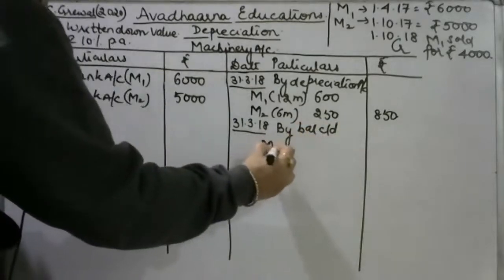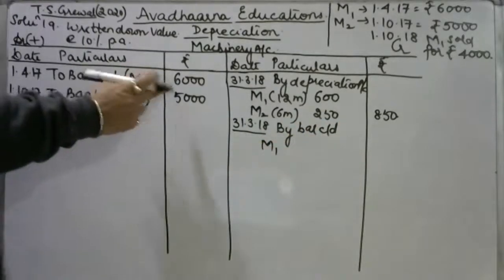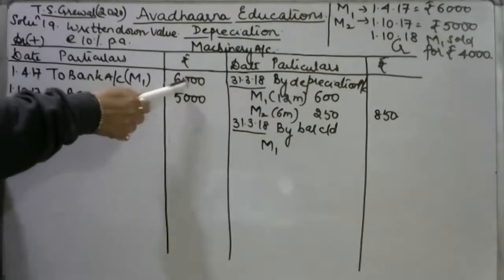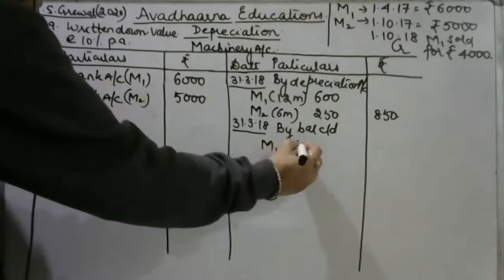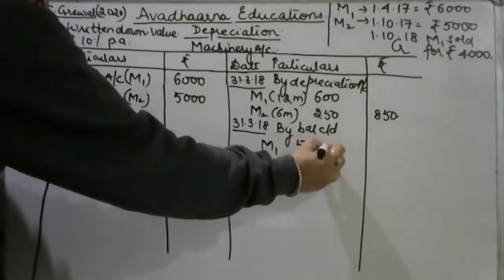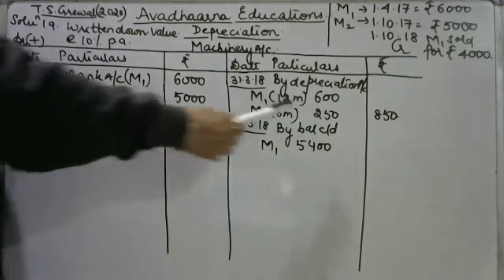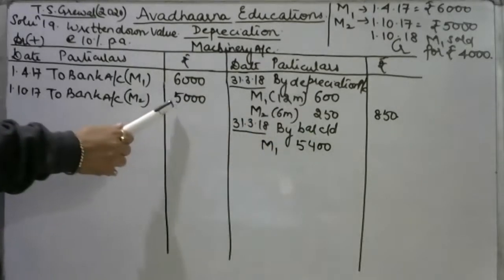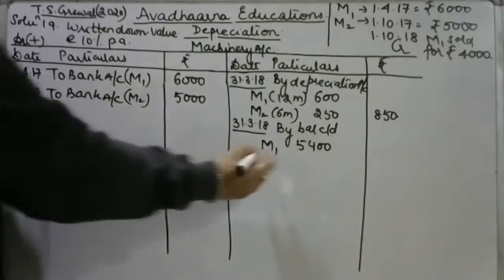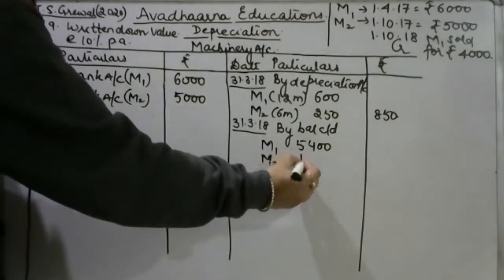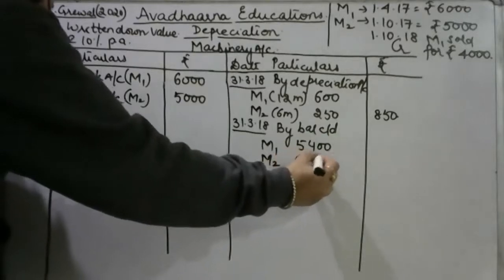The balance of the first machinery is, if we subtract 600 from 6,000, we are going to get 5,400 as the balance of the first machinery. Then if we subtract 250 from 5,000, the balance of the second machinery M2 is 4,750.